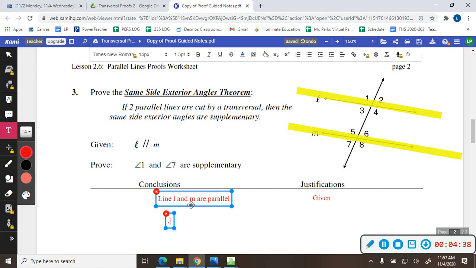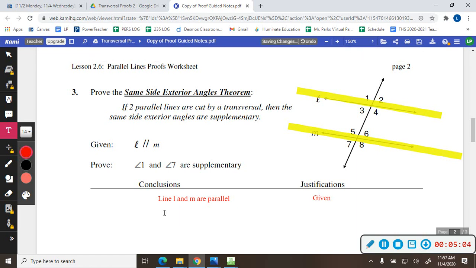I could jump to the conclusion and say that angle 1 plus angle 7 is equal to 180. Why? Because 1 and 7 are same side. Well, we don't have that theorem up on the board, so we're not going to jump that far. But there is a theorem that says we could jump there, and it's called the same side exterior angles theorem, but we're not going to use that theorem as part of our proof.